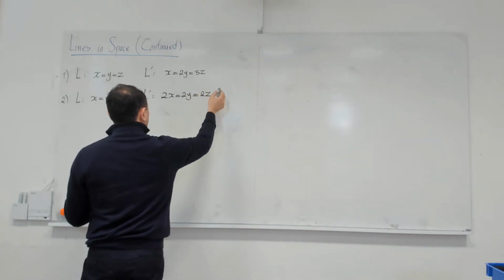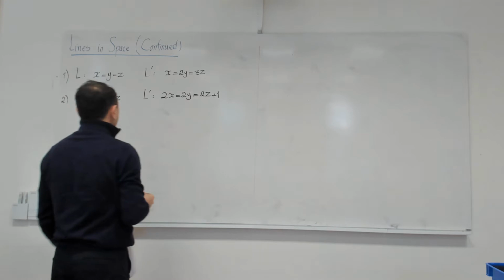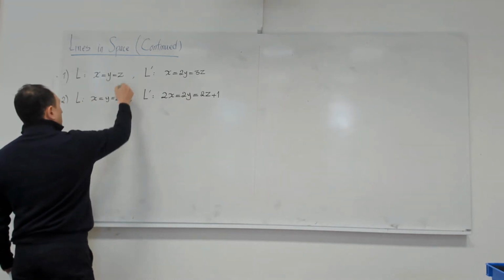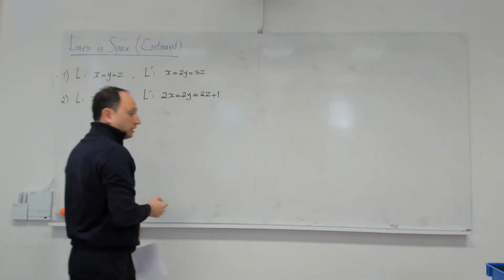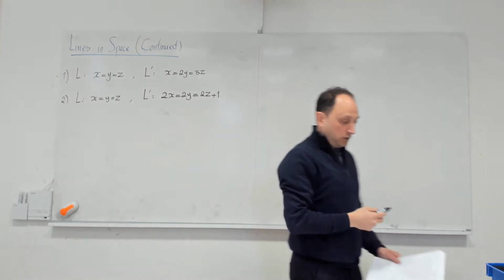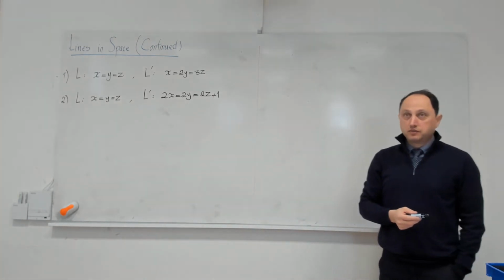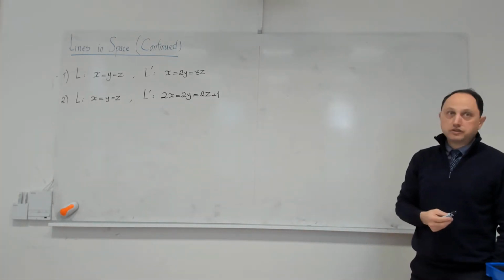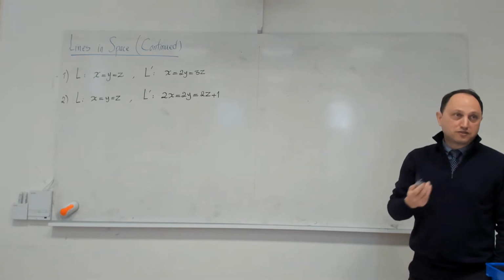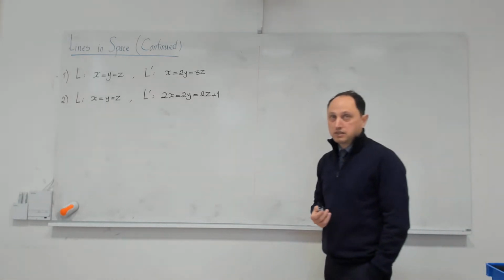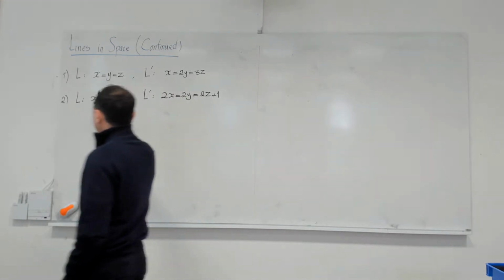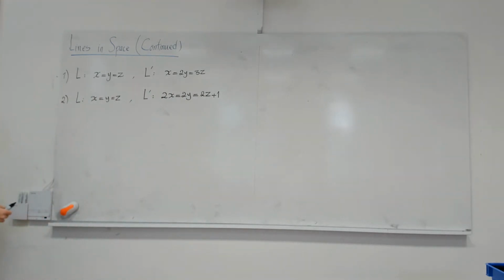The same problem. Again, I'm asking you to write an equation for the plane that contains L and L prime. I want you to tell me why I have set up two problems with different numbers with the same subject or topic. So why do you think that is? And what would be the difference between these two cases?